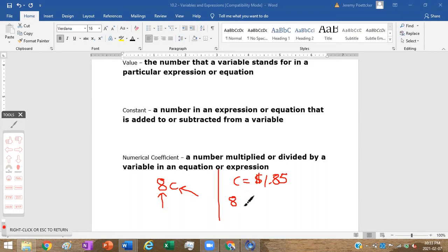So again, if I'm saying c is $1.85, and our expression again was 8c.